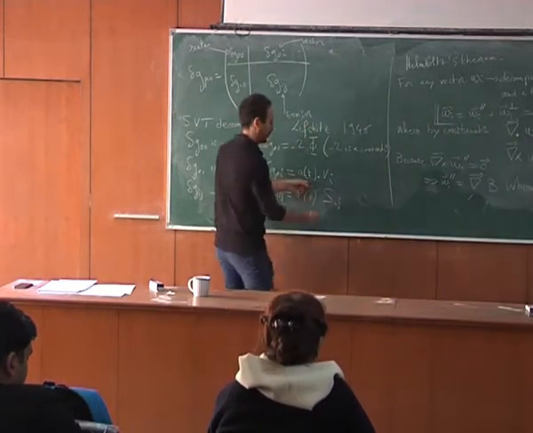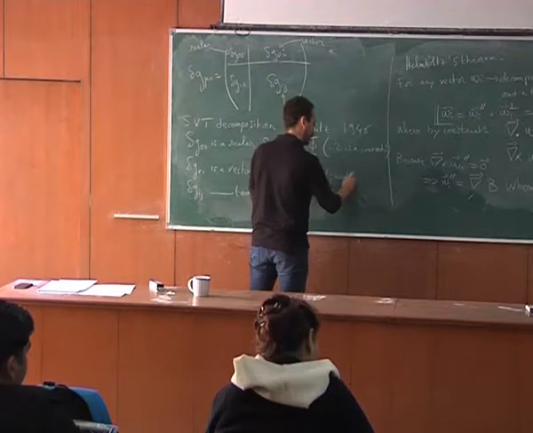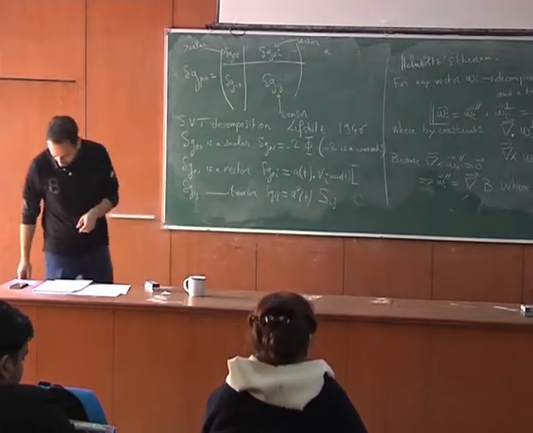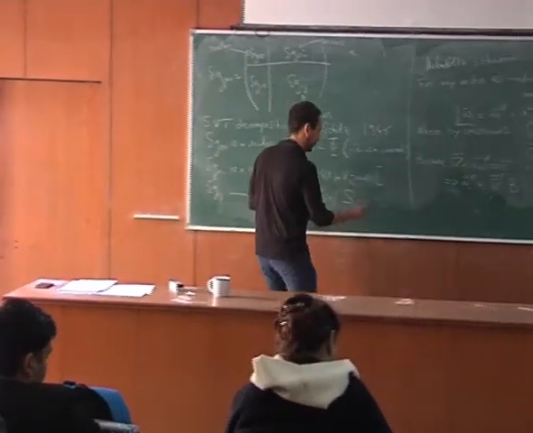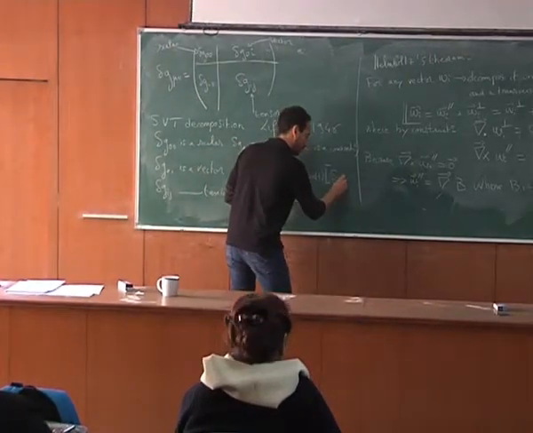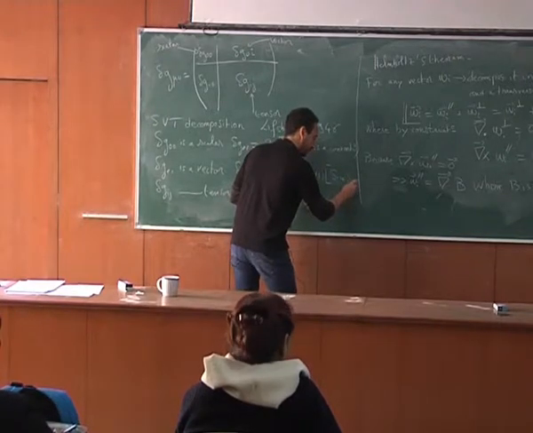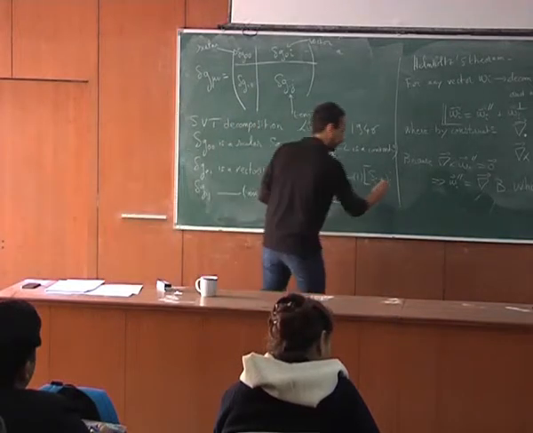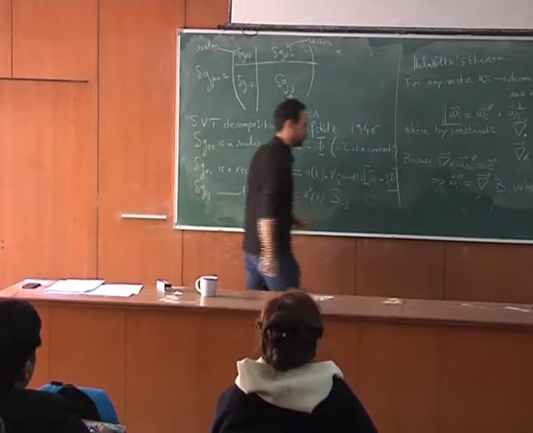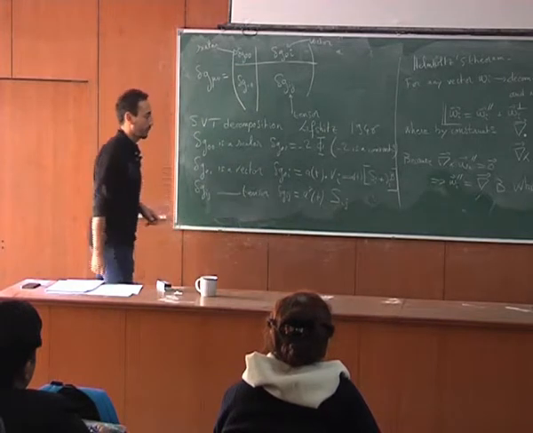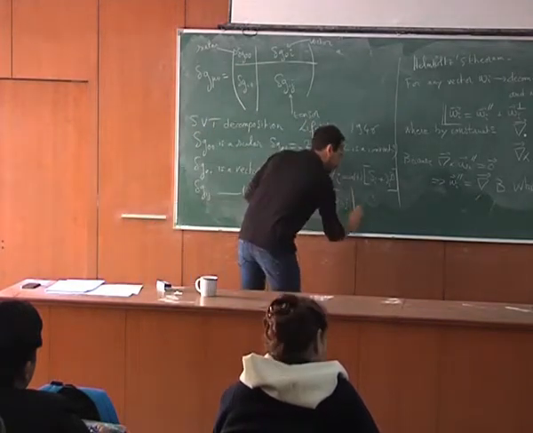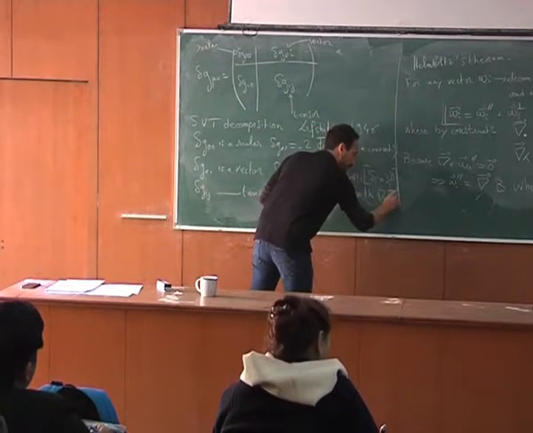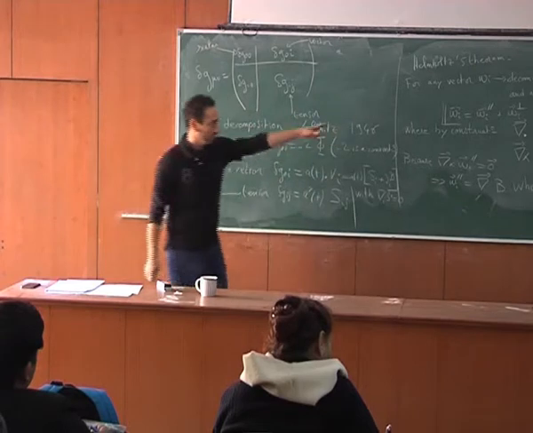So this term here, I can write as a of t times some vector that I called Si plus some divergence of a scalar that I called B, with the condition that the divergence of S is 0, which is the condition we had here.